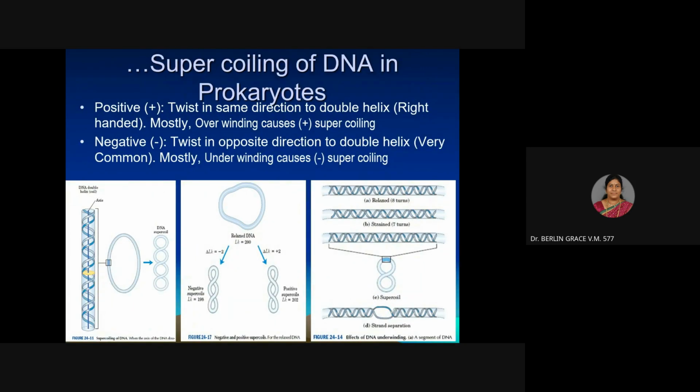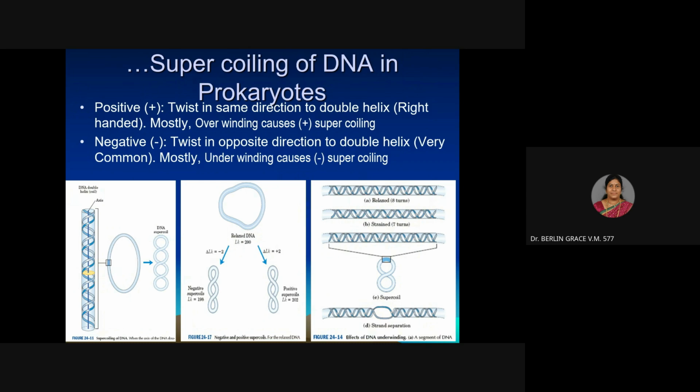And this DNA, they analyzed the structure. They could find the supercoiling of the circular chromosomal DNA. Supercoiling can happen in right-handed or left-handed manner, positive or negative. Most common is negative. The positive will happen only when overwinding happens.